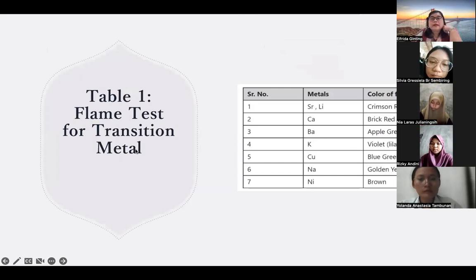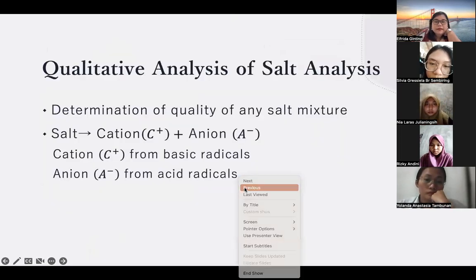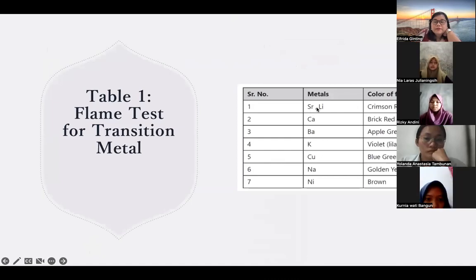So you can see here, we have several flame tests for transition material. If we have strontium or lithium, the color of the flame will be crimson red. Crimson red is like a blood color, right? If we have calcium, the color will be brick red.